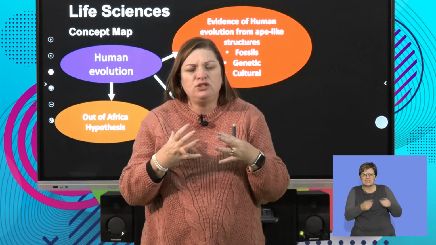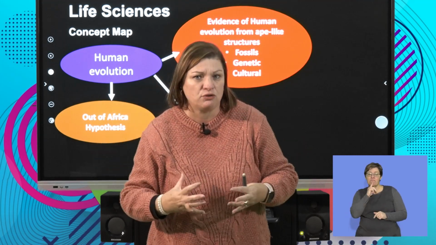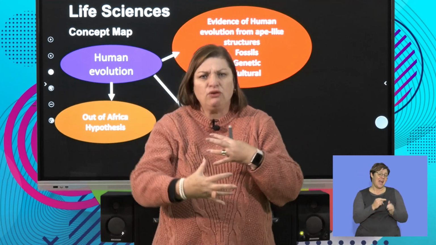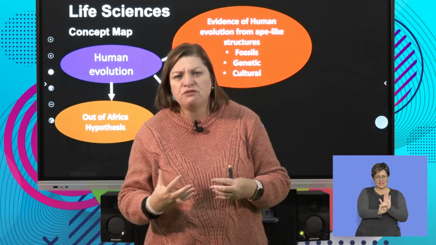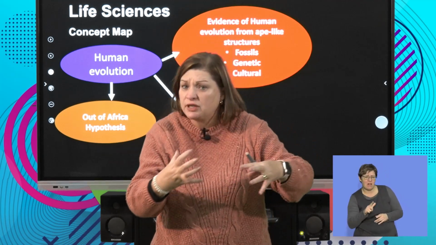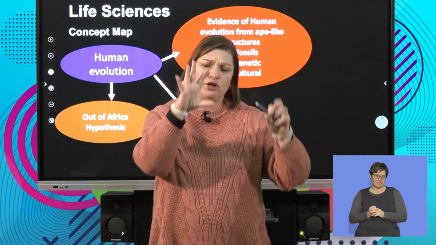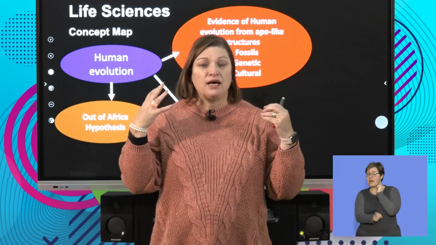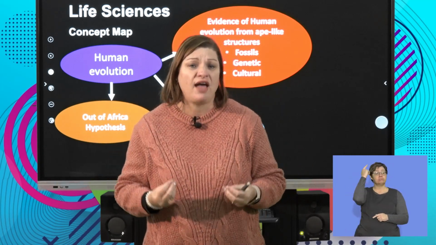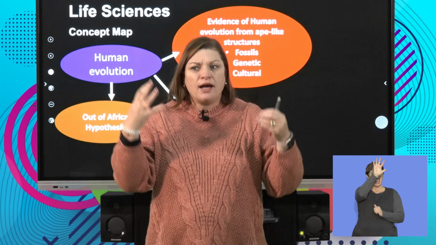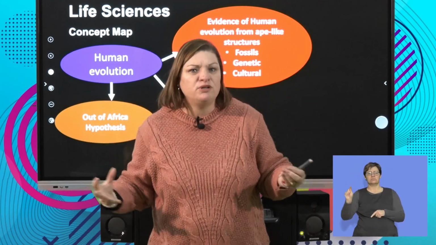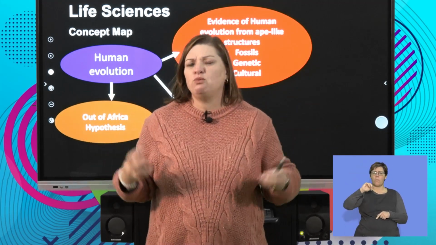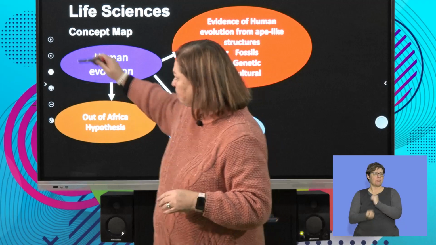We're also going to look at the fossil record. Unfortunately, you need to know examples of the different fossils that were found when we're going through human evolution. And the last thing we're going to touch on is the out of Africa hypothesis. Where did Homo sapiens originate from, and where did they go from there?